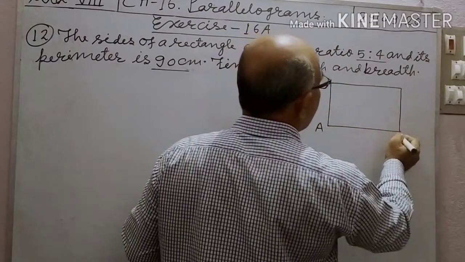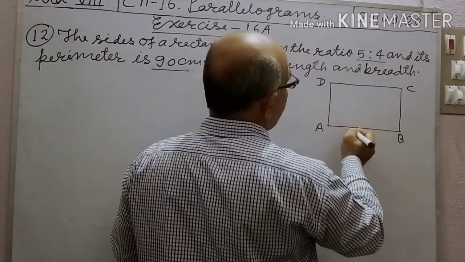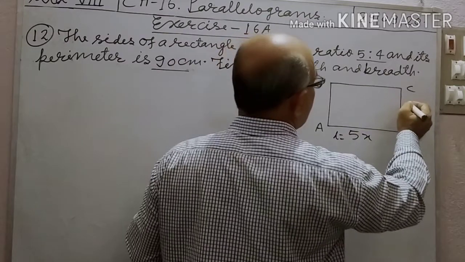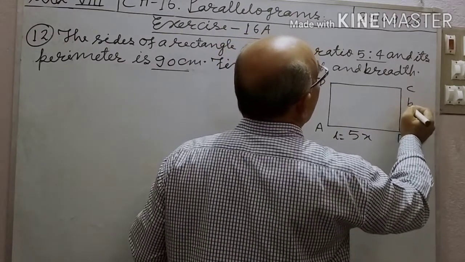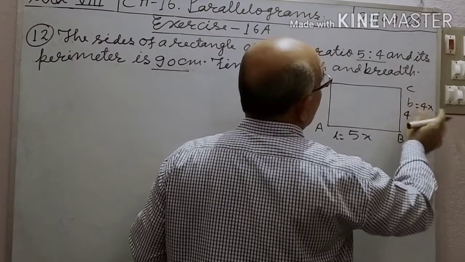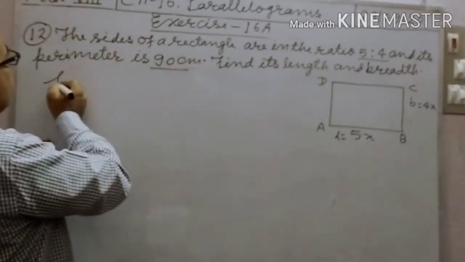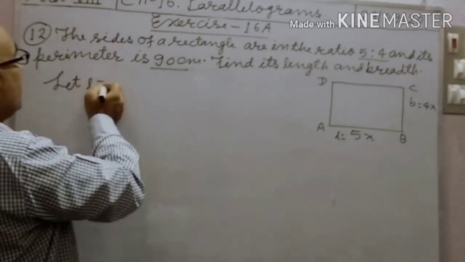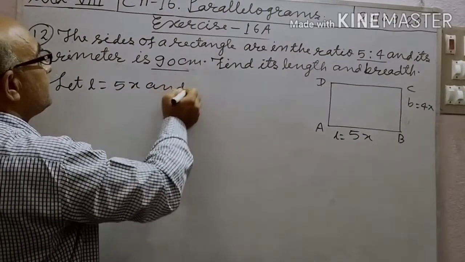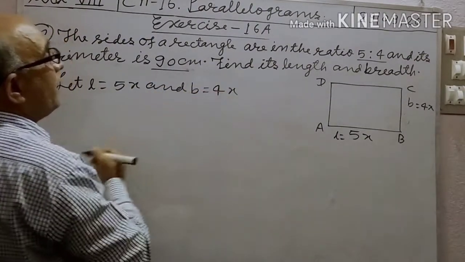Let length AB equal 5x and breadth equal 4x.